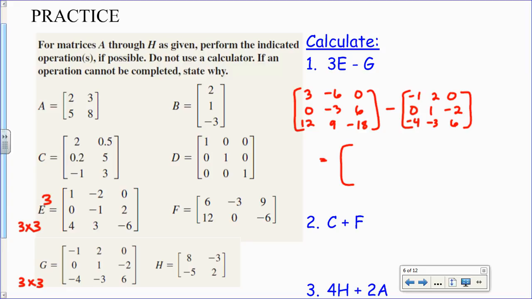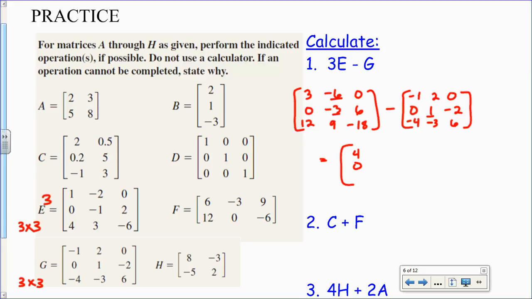So 3 minus negative 1, that's 4. Negative 6 minus 2 is 4. 0 minus 0 is 0. 0 minus 0 is 0. Negative 3 minus 1 is negative 4. Oh, negative 8 up here. Thank you.